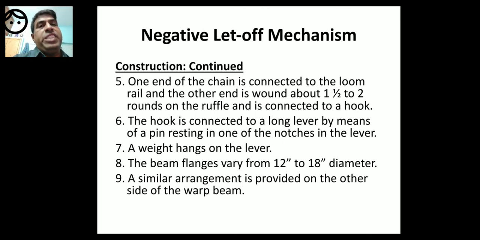So one end of the chain is fixed, connected to the loom rail, and the other end is movable, which is wound about 1.5 to 2 rounds on the ruffle and is then connected to a hook.